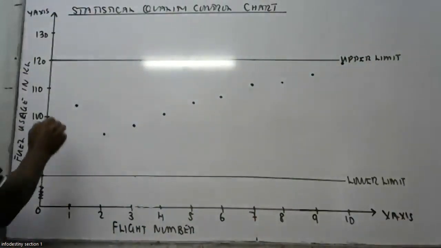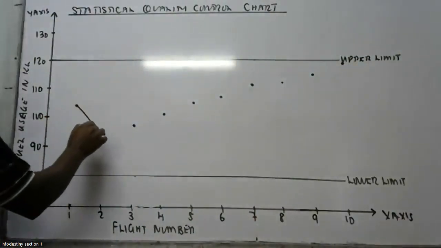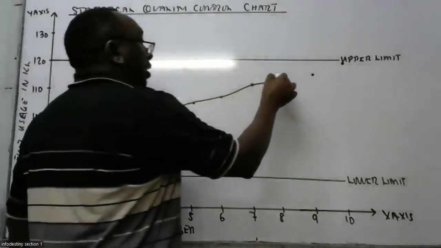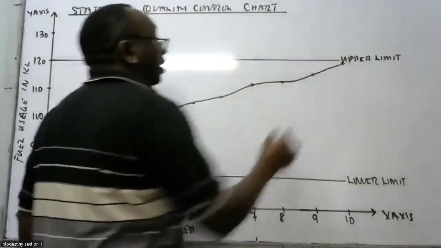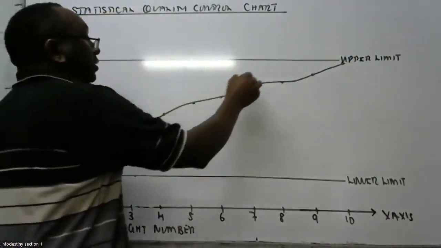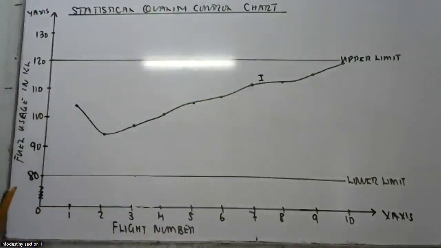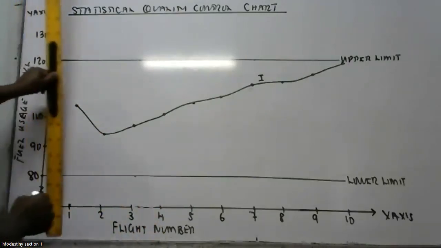So those values, you join them using a very smooth line. And then you can tell us this is skyline 1. That's skyline 1.